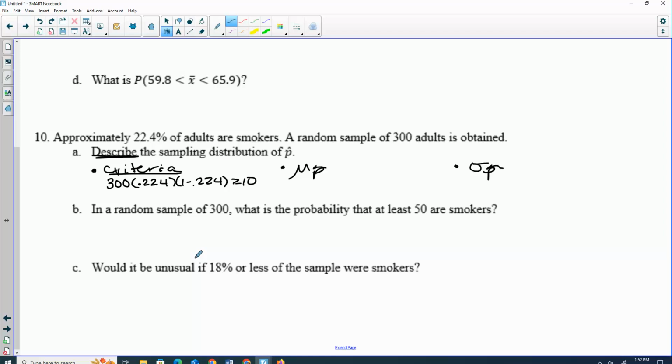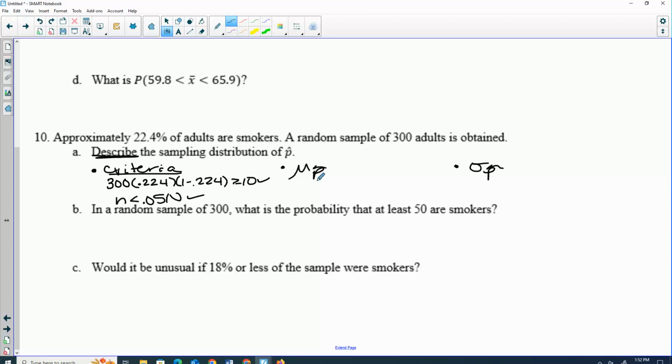So that's 52 something, so that's definitely bigger than 10. We're good there. The other thing is 300 less than 5% of all adults. Yes. So you can tell me N is less than 0.05, and you can tell me less than 5%, just something so I know you thought about it.